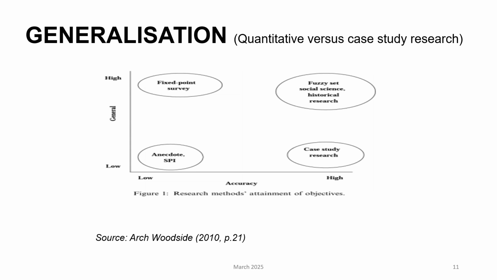In this figure you can see that case study research has high accuracy and low generalizability. On the opposite side you can see the quantitative survey, which has the potential of generating high generalizability and low accuracy results.